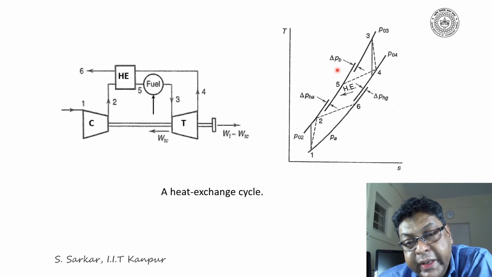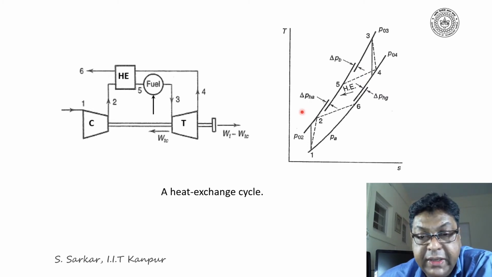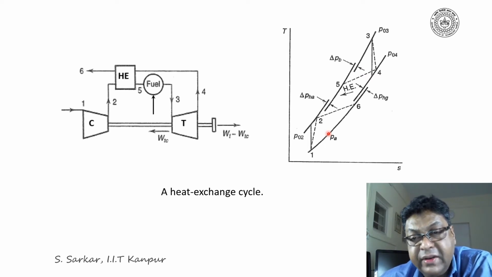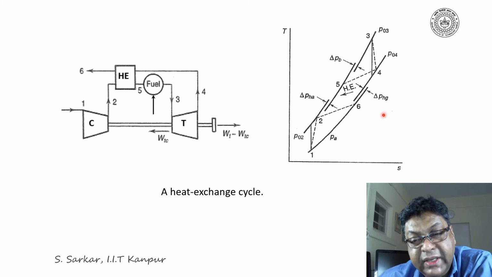Look, del PB indicates the pressure loss in the combustion chamber, where del PHA is the pressure loss in the heat exchanger air side. Similarly, 3-4 is expansion in the turbine, while del PHG indicates the pressure loss in the gas side of the heat exchanger.